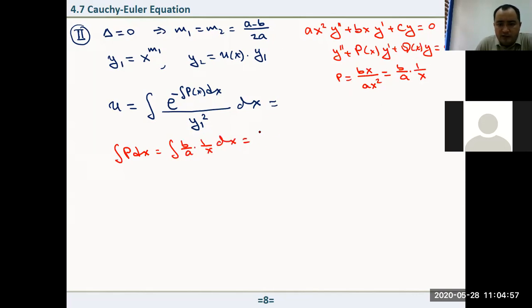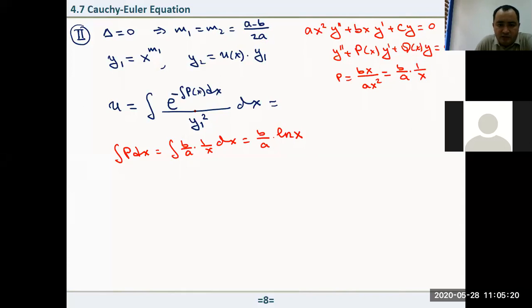Since b over a is a constant, and the integral of 1 over x is the natural logarithm of x. Since we are looking for the solution on the interval from 0 to positive infinity, I don't have to put the absolute value sign, because we know that x is non-negative.